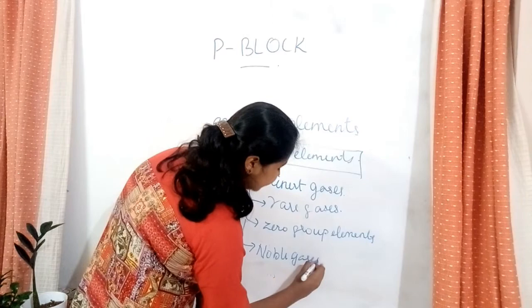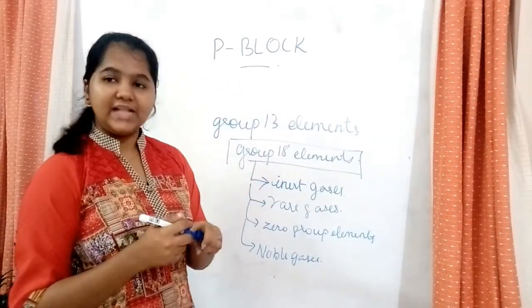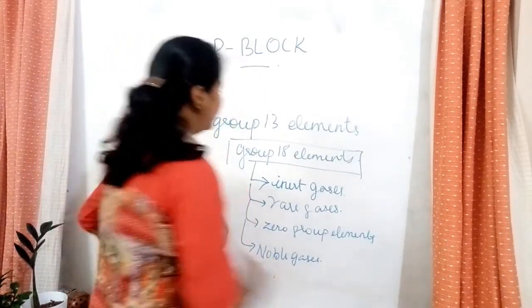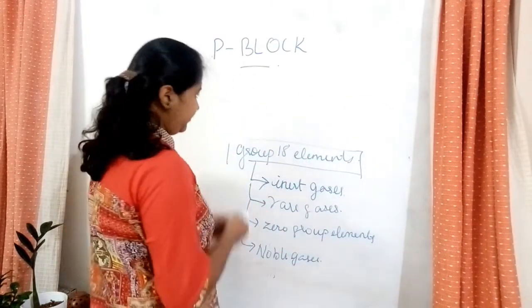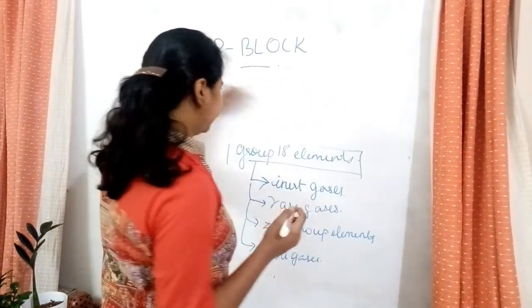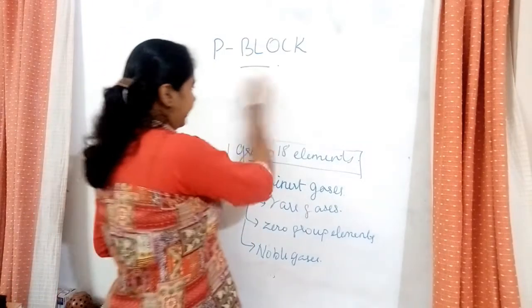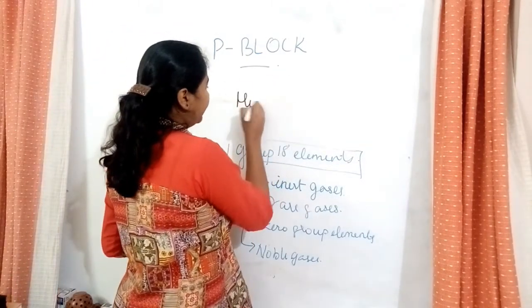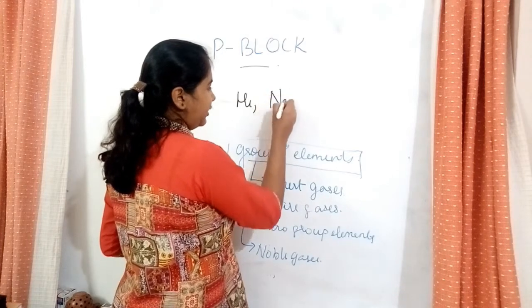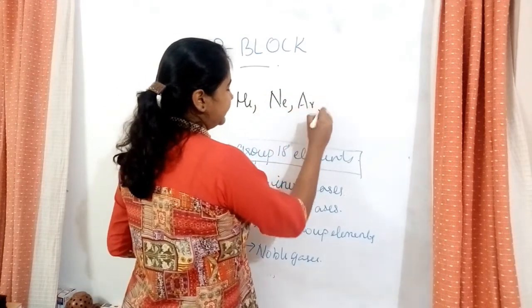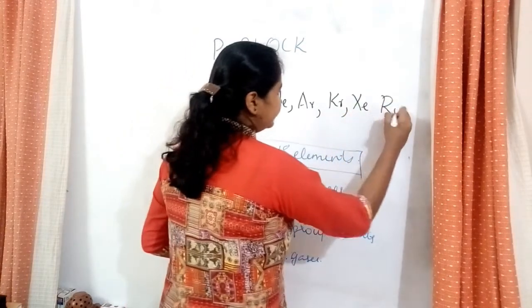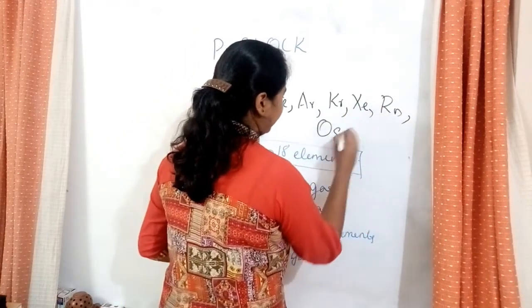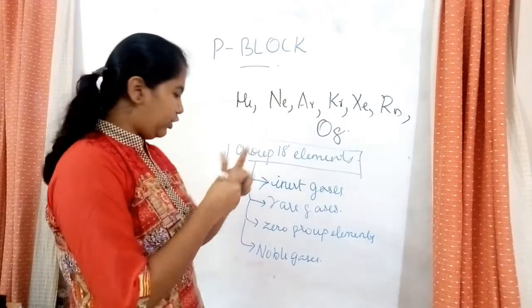So these are the terms given to these elements. Let's see which all are these elements. The group 18 elements are: first one is helium, second one is neon, argon, krypton, xenon, radon and oganesson. So let's see about all of this.